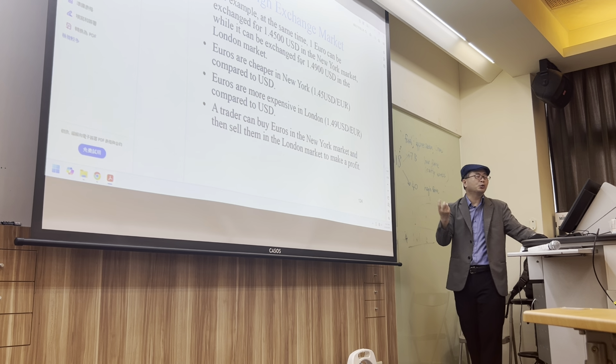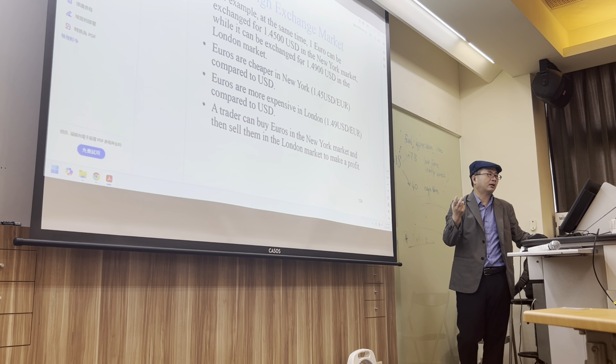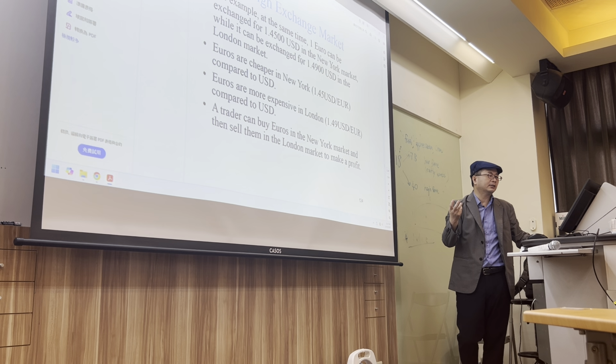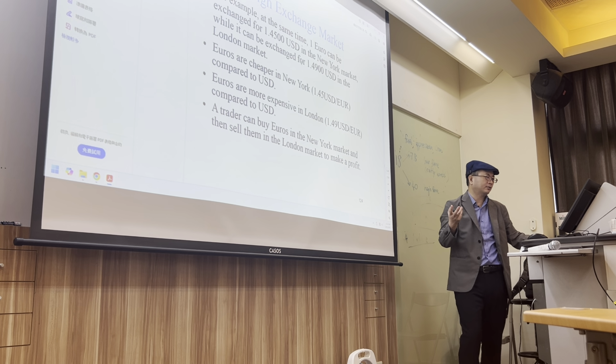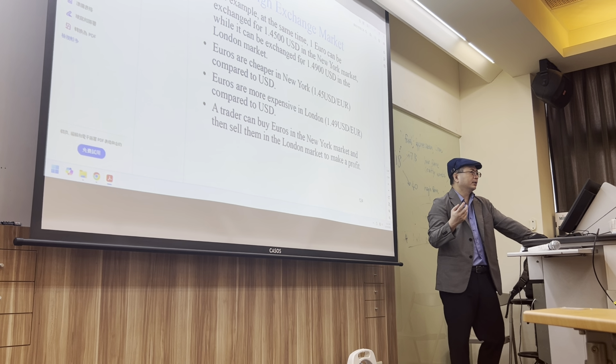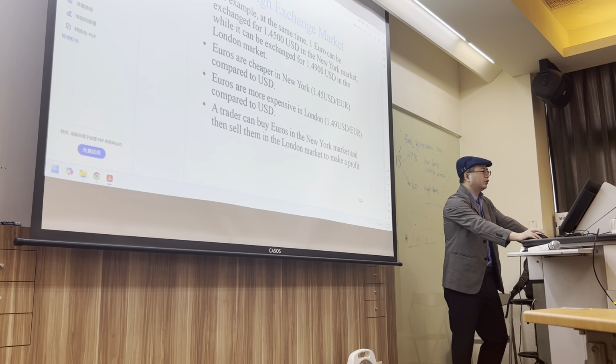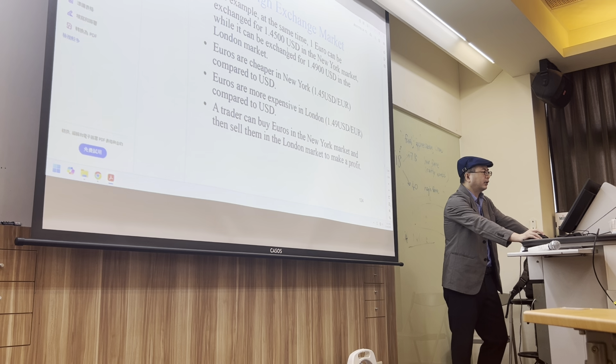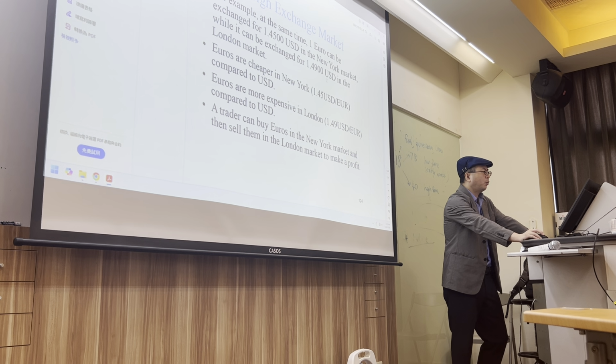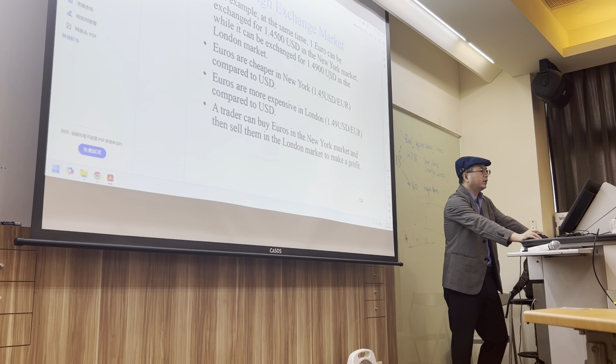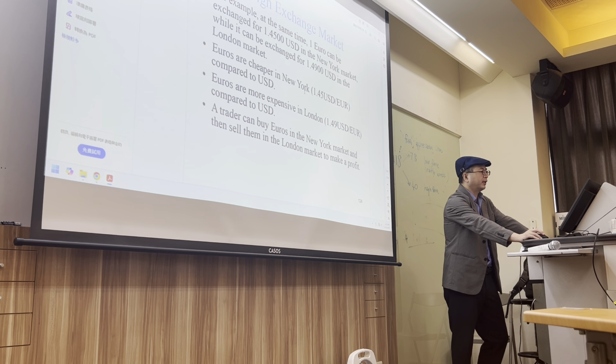We have the euro trading in the New York market and also in the London market, right? Now, let's say at the same time, 1 euro can be exchanged for 1.45 USD in New York, while it can be exchanged for 1.49 USD in the London market, right? So we know which one is cheaper, right? The euro is cheaper in New York.